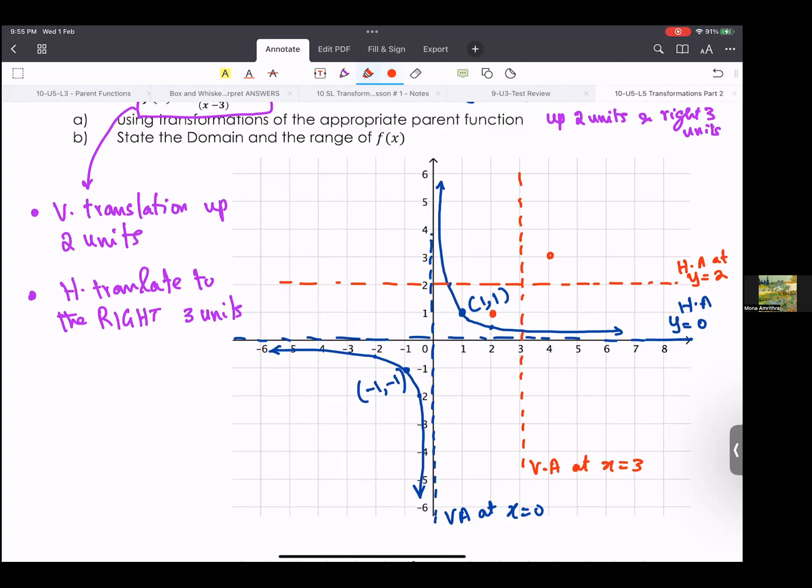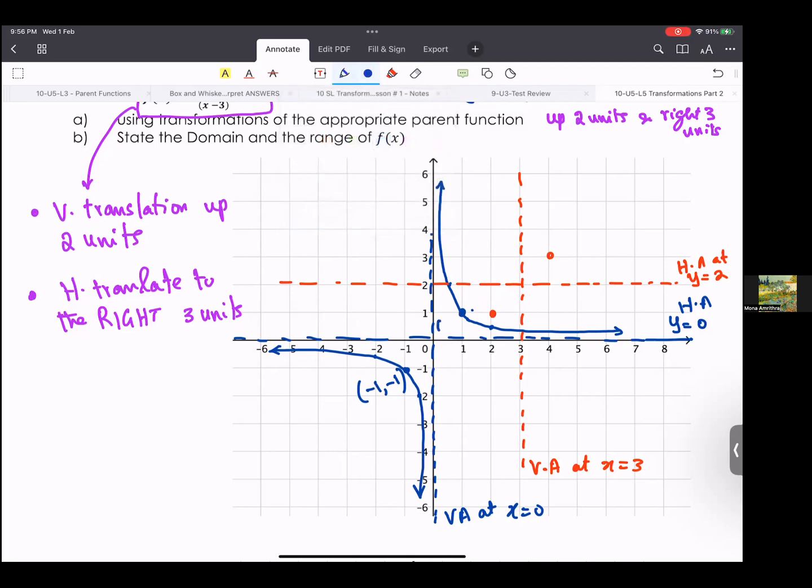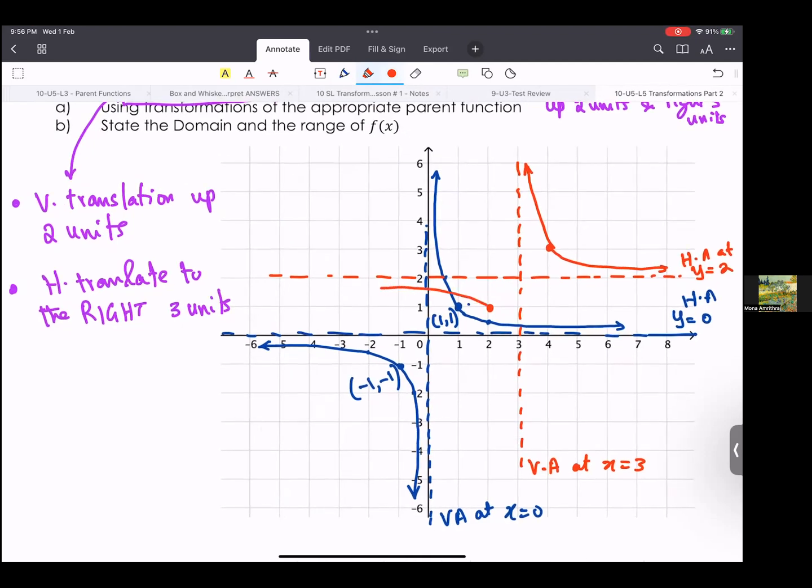So that is where your new graph is. For the time being, I'm going to remove that so that it's not too cluttered, and just write this as 1, 1 here. So what does the graph look like? It approaches the vertical asymptote and then approaches the horizontal asymptote. Same thing here. So that's your final graph.